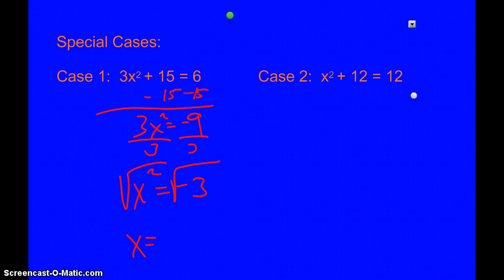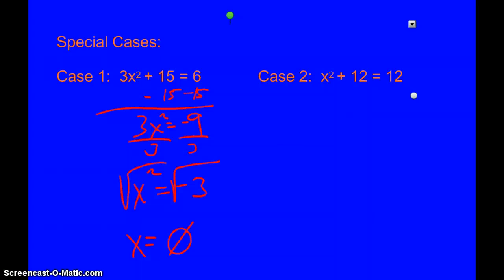Well, that's an impossible situation. We've talked about square roots and how you can't take a square root of a negative number. And so as far as this course goes, we're going to simply say that's no solution, because you can't take a square root of negative 3. There's no number times itself that'll ever give you a negative. So for the purposes of this course, we're going to call that no solution.